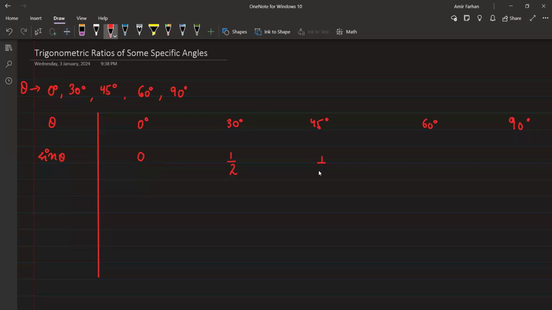The value of sine 45 is 1 by root 2. The value of sine 60 is root 3 by 2, and sine 90 is equal to 1. Any doubt?